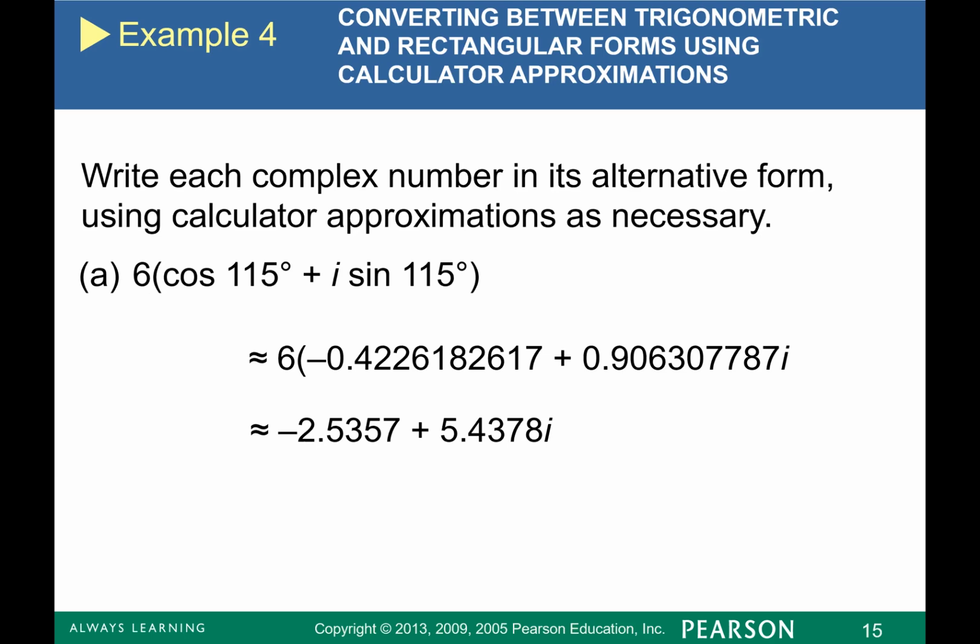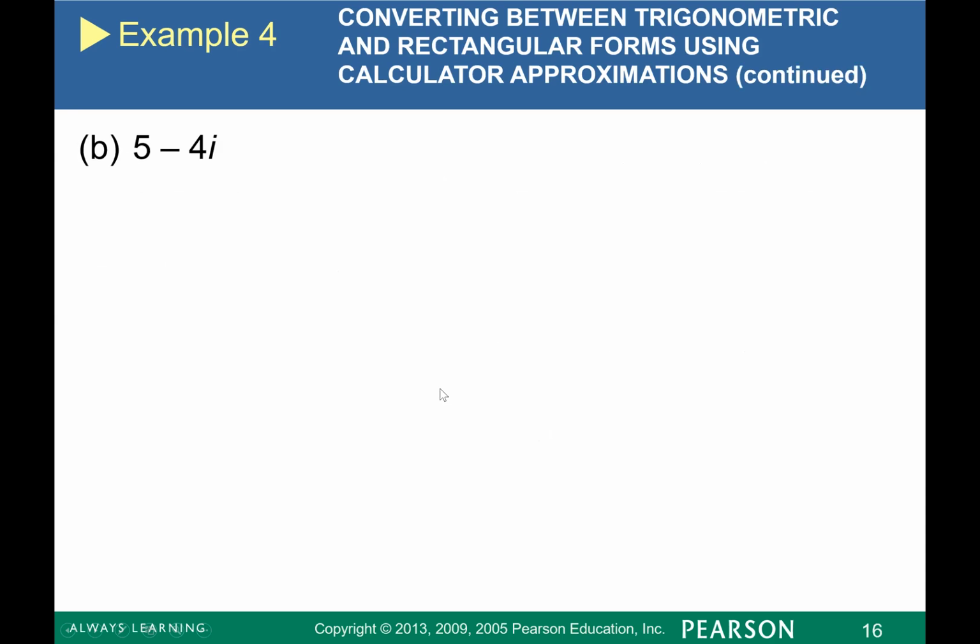And then for this part, I would go directly to 6 times the sine of 115 degrees, and it should give 5.4378. It's not hard to put in cosine of 115, but then you get all these decimals and you have to worry about round off error. So I like to skip those steps where you would be having to round when possible.